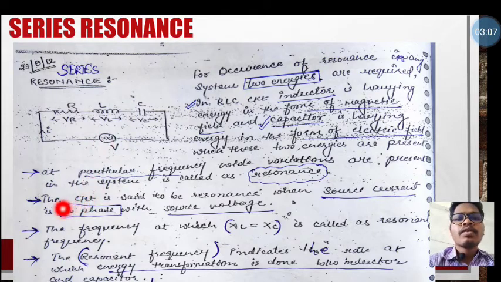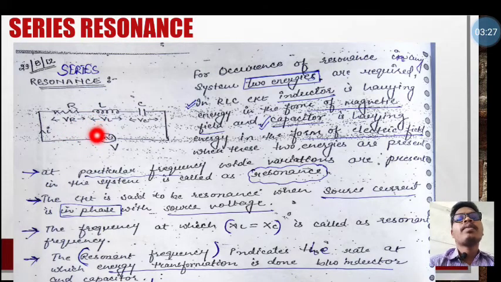The circuit is said to be in resonance when the source current is in phase with the source voltage. Whenever the source current I is in phase with the source voltage, only then is the series or parallel network called resonant.